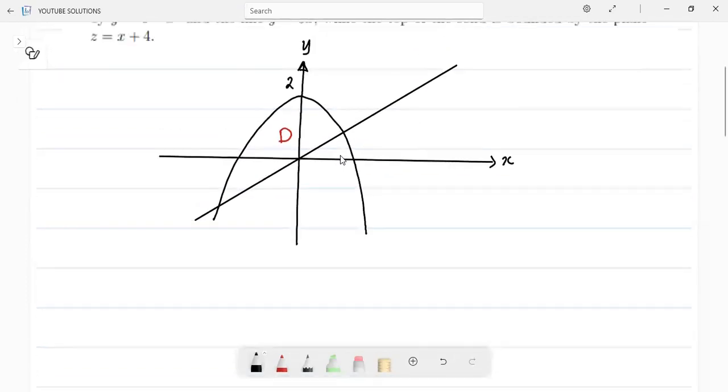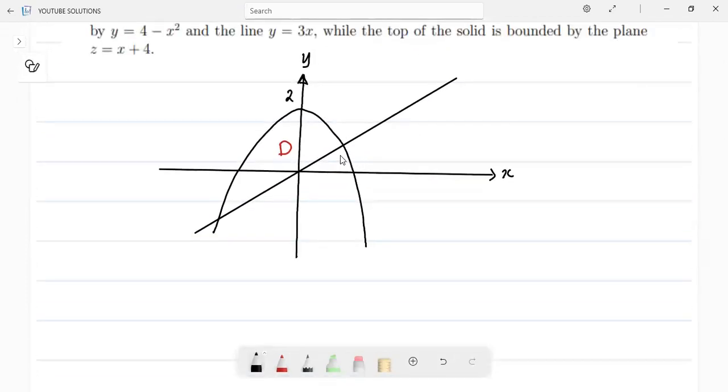If you notice very well, we can choose the limits of y from the line to the curve. The limits for x will be the lowest value in this region, which happens at this point, and the maximum value, which happens at this point here.